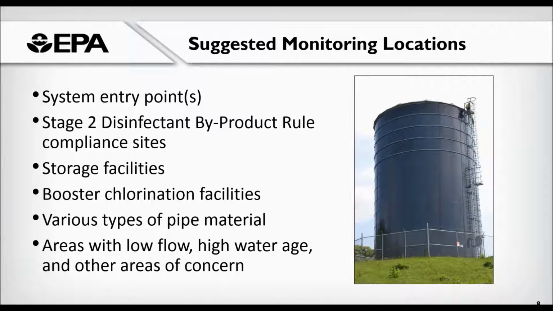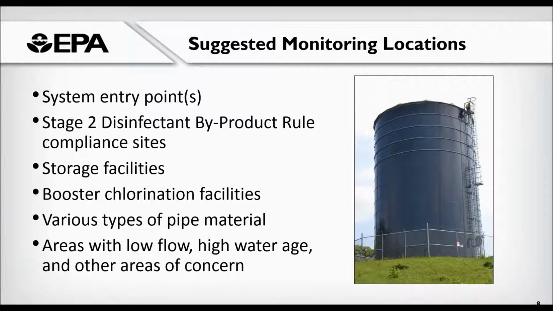We also think it's a good practice to monitor chlorine when systems collect their disinfection byproduct samples. This is particularly valuable with total trihalomethanes, because over time a system can establish a correlation between chlorine residual and THM levels, and that can be a valuable process control tool for distribution system operators.